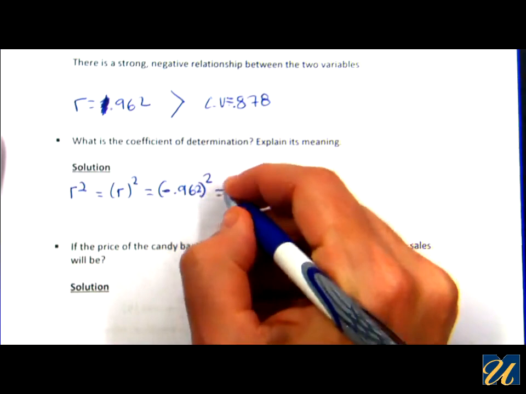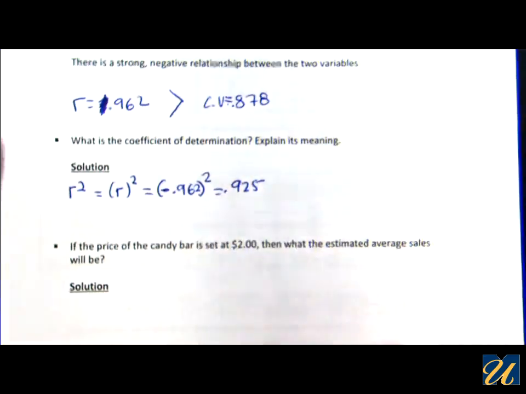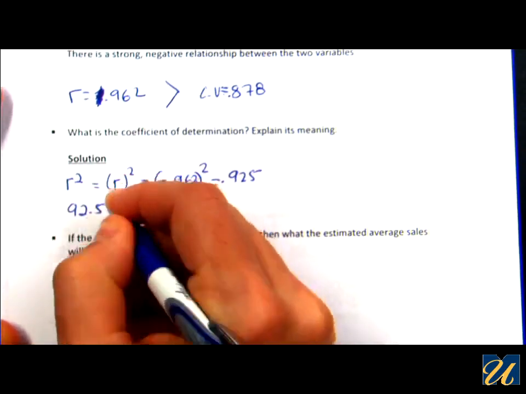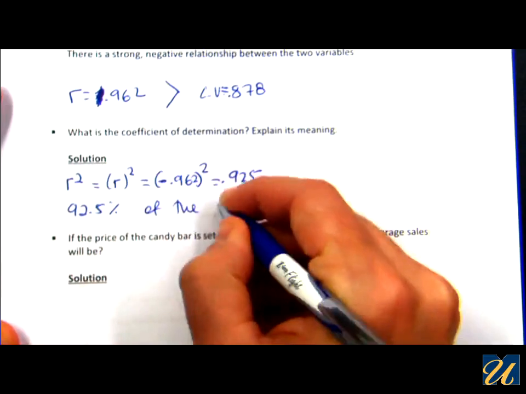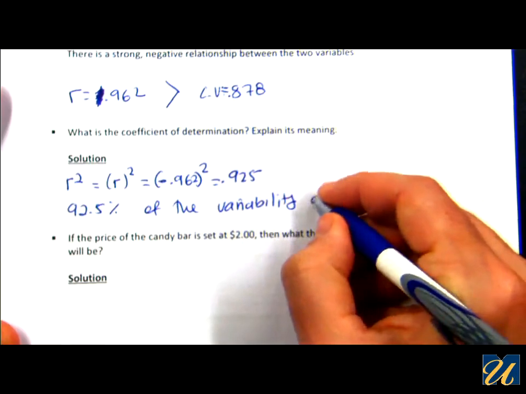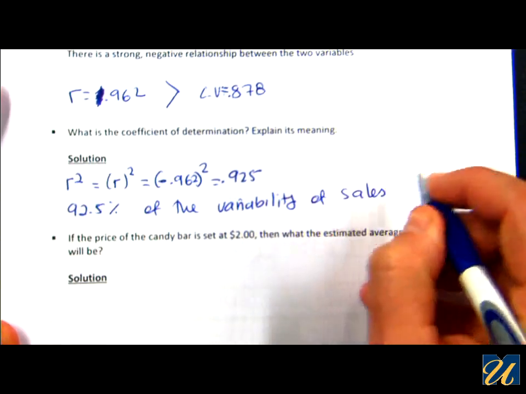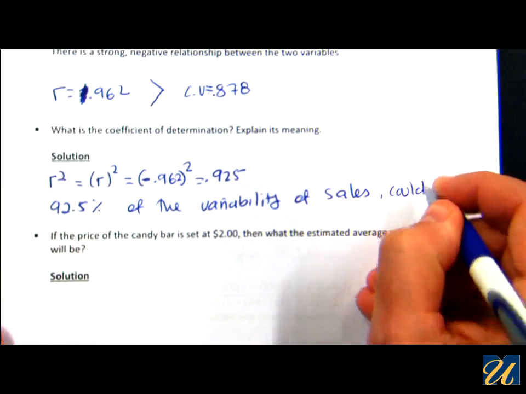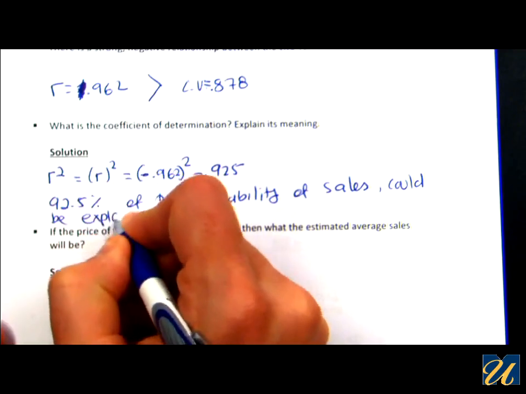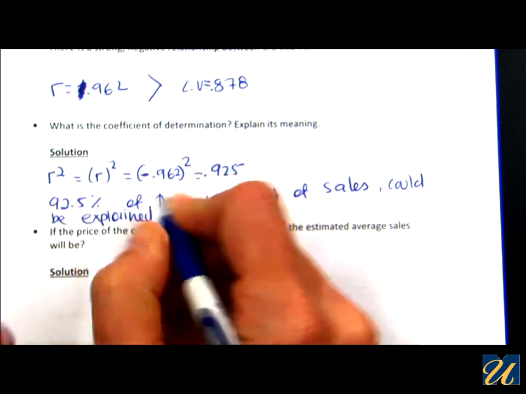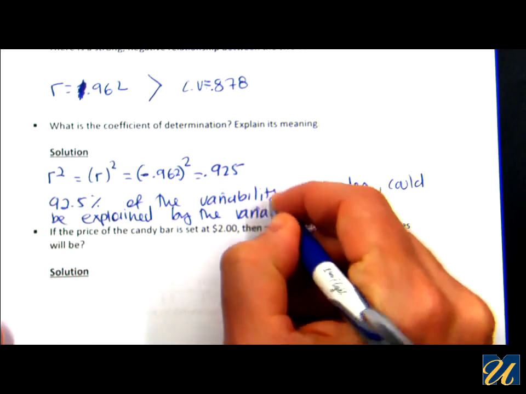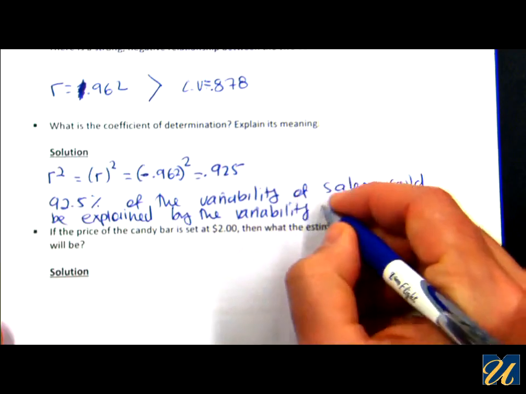So this would be 0.925 for r squared, which would indicate that 92.5% of the variability of sales could be explained by the variability of price.